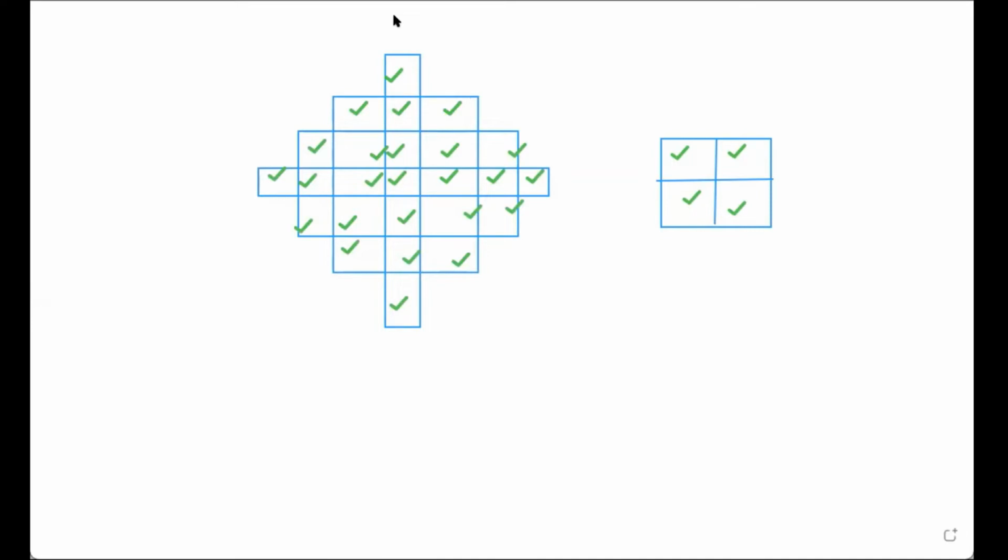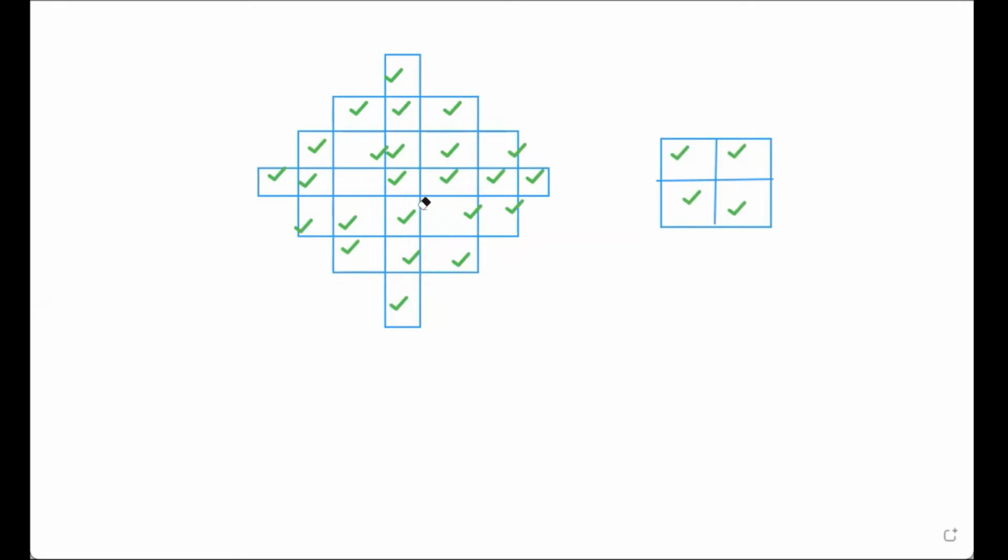So let's find the essentials that we have to remove. This part is okay. You can't have any 2x2 squares, but we can remove this and you won't have any 2x2 squares here or here. However, we have 2x2 squares here and here.